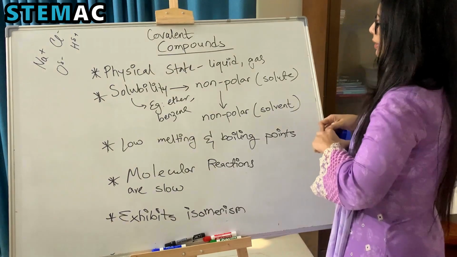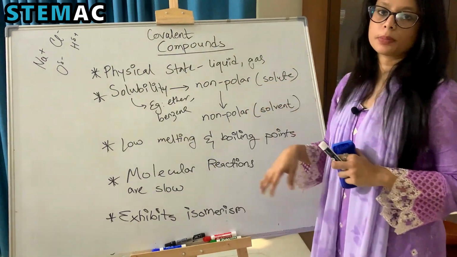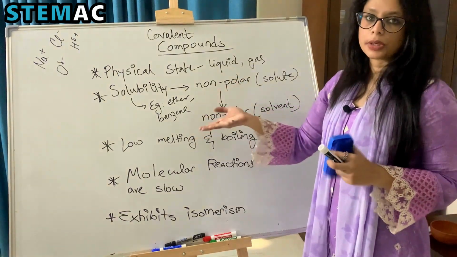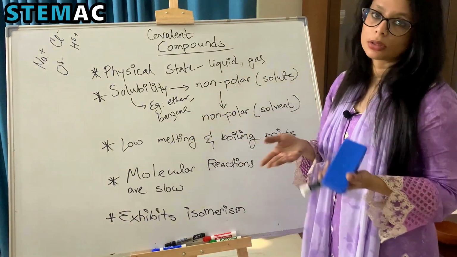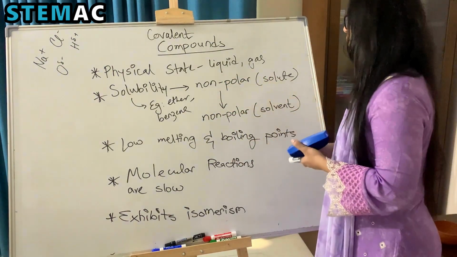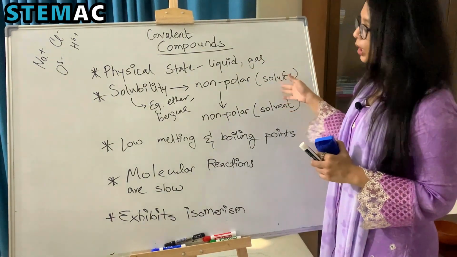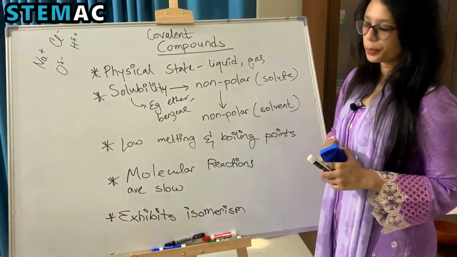But in this case, their solubility would always take place in a non-polar solvent, just like benzene or ether, which are not polar as well. The non-polar solutes, all the covalent compounds are non-polar, so they would always dissolve in non-polar solvents.